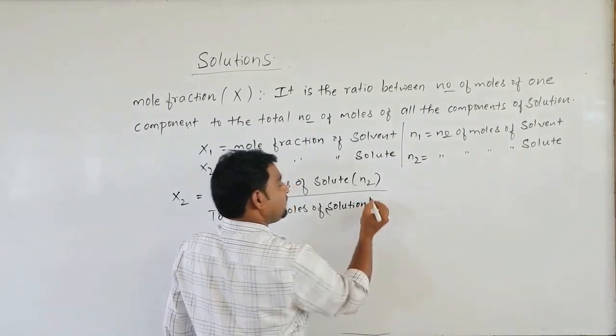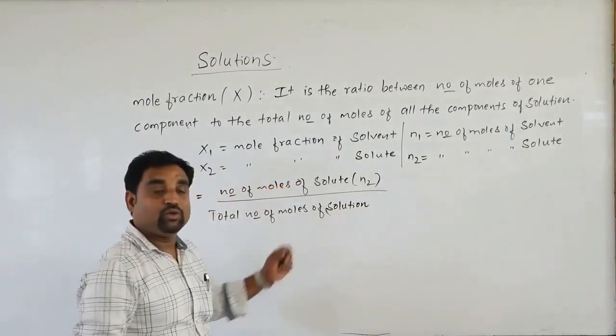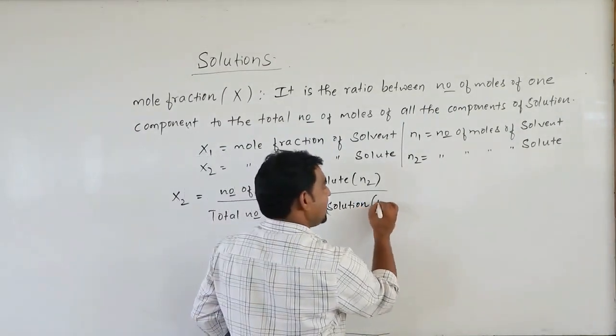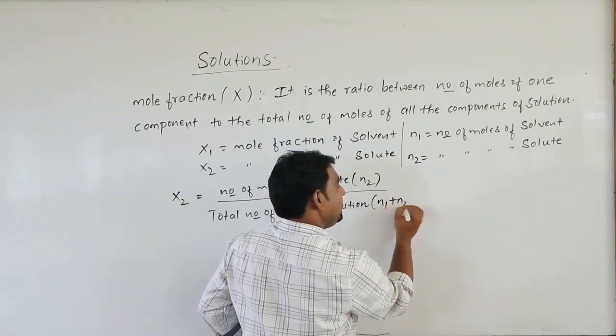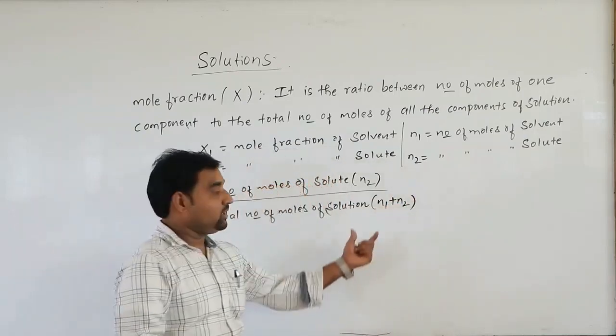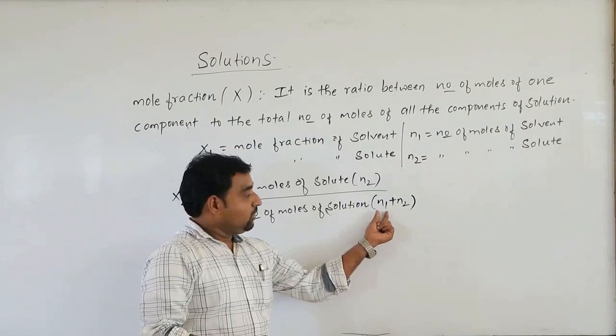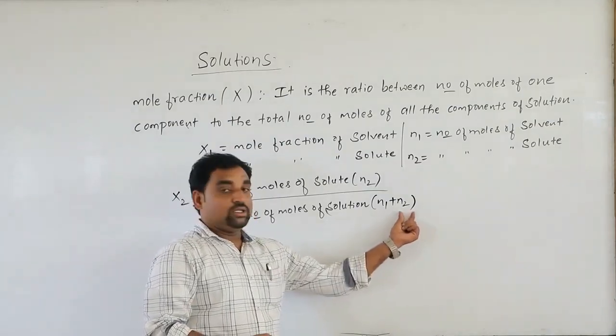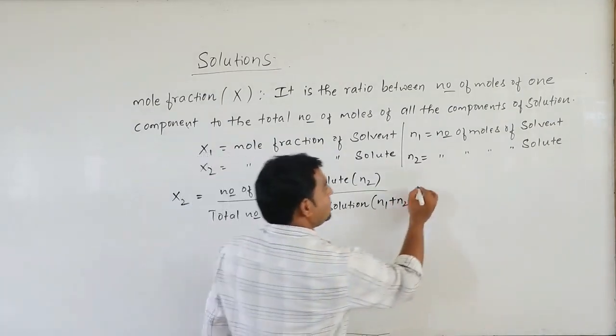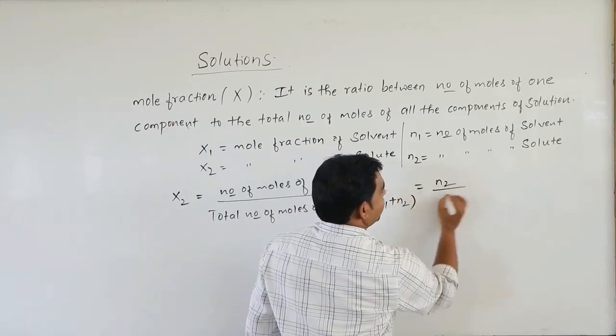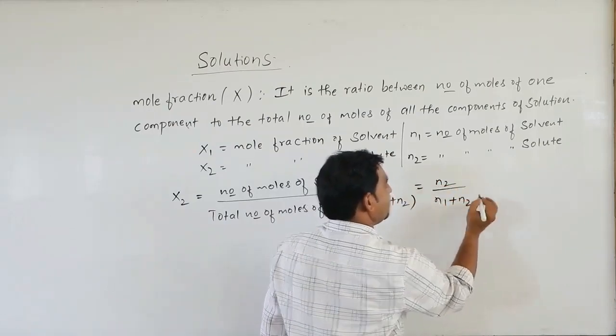In a binary solution we have two components, a solvent and a solute, that is N1 plus N2. So simply you can write N2 divided by N1 plus N2.